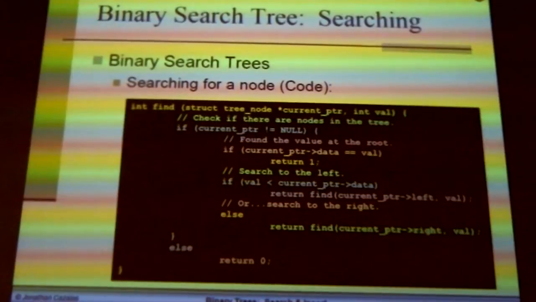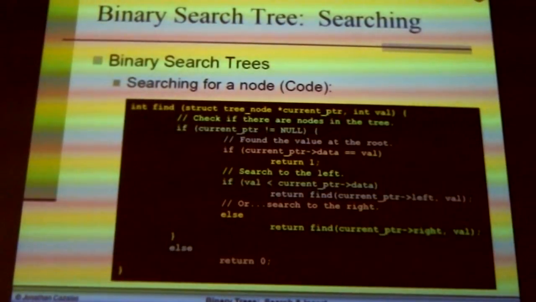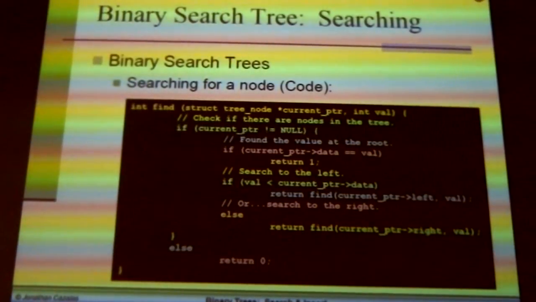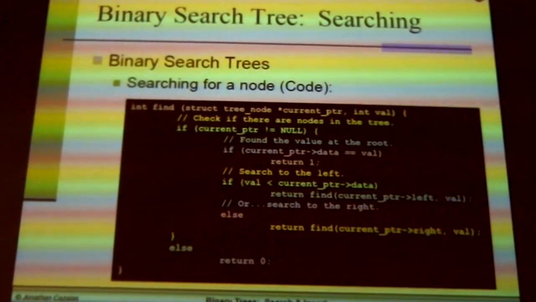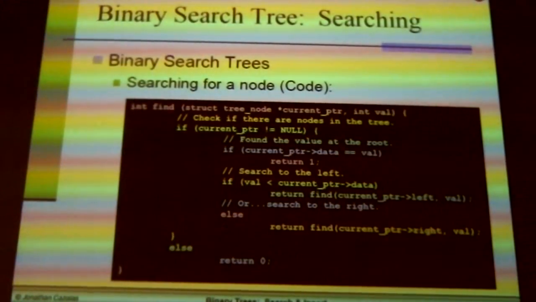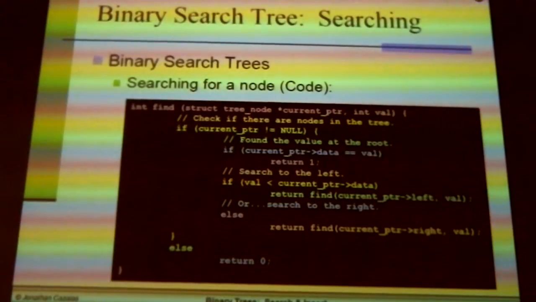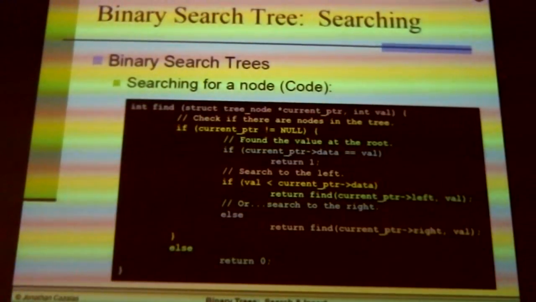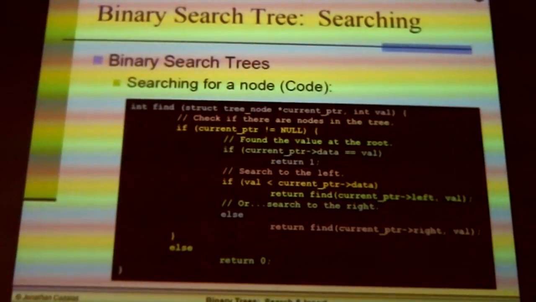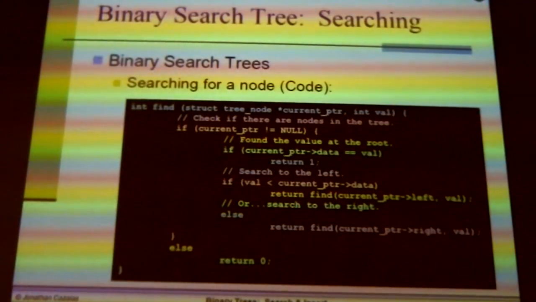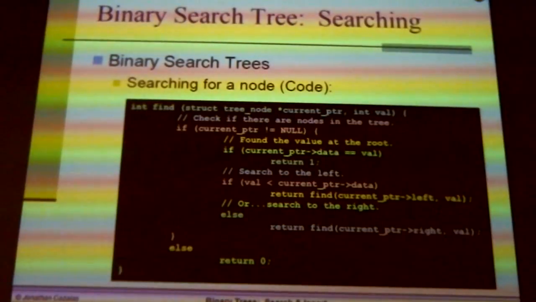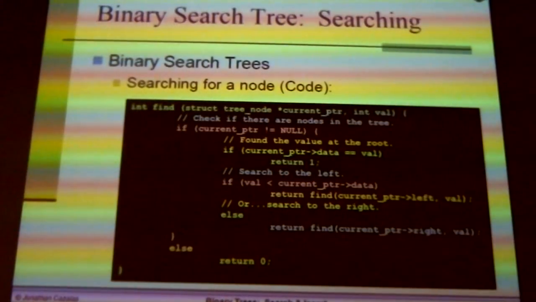So it's still at the beginning. The structure is different, but the concepts are the same. Just like in a linked list, if you lose your reference to your head, you've lost the whole thing. Same thing is true here with the root node of a tree. You've got to know where you're at, otherwise you lose your whole tree.